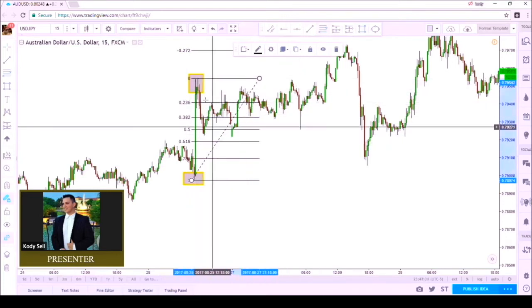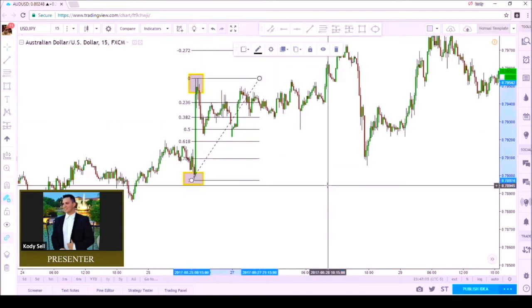Now, because you can do this with practically any 2 points on the chart, the key with Fibonacci is finding the correct points to apply your Fibonacci indicator so that you have an accurate understanding of what levels the market is respecting at any given time.